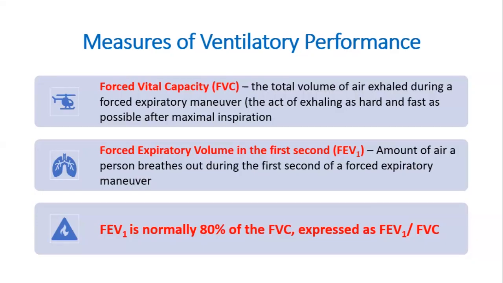Now, under normal circumstances, when we breathe out forcefully, in the first second, we expel 80% of the air in the lungs. All right? And we express that as FEV1 over FVC. So 80% is the same as 0.8.